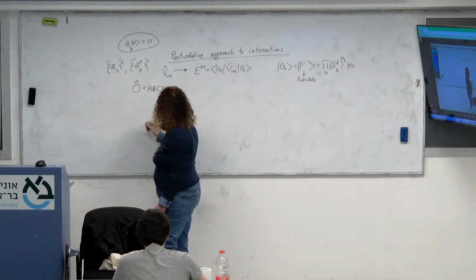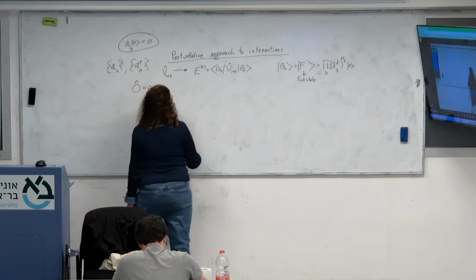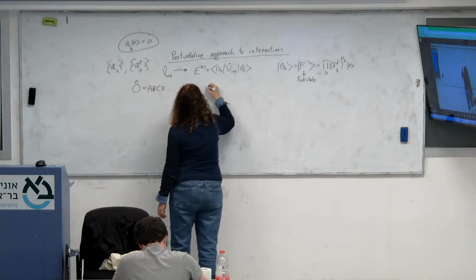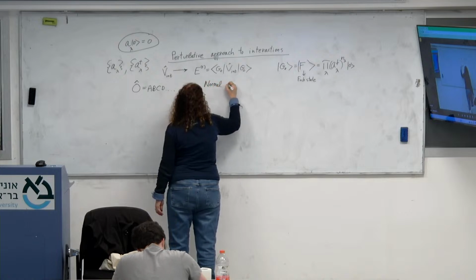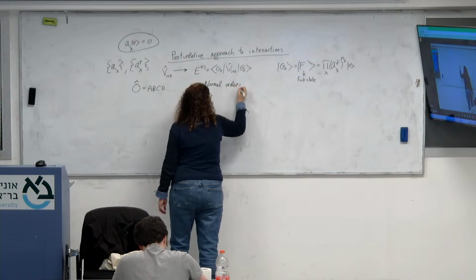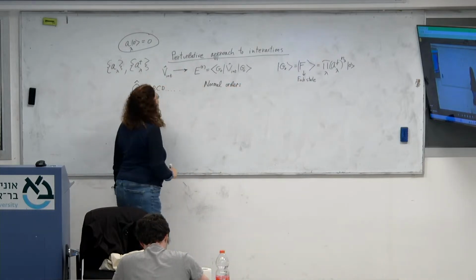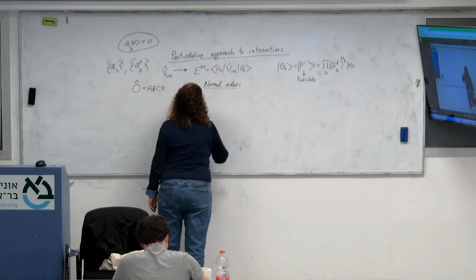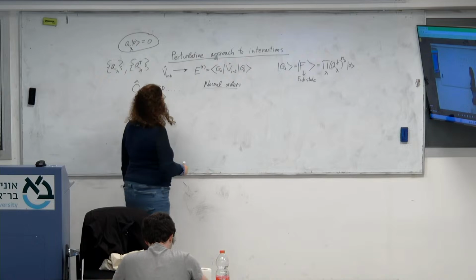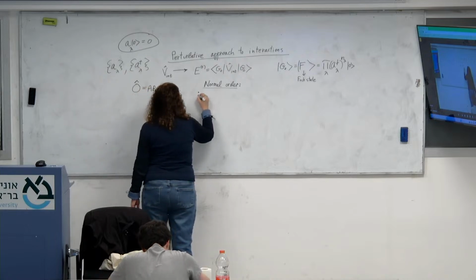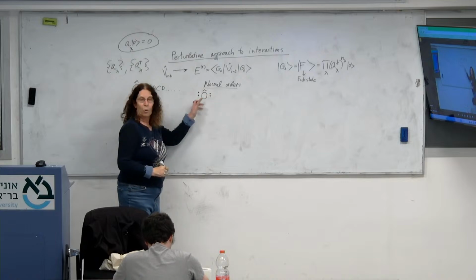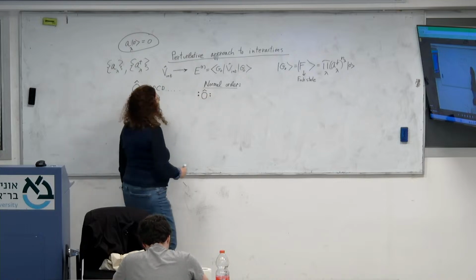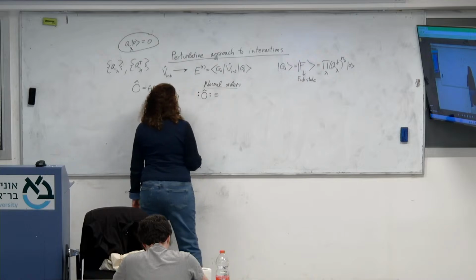So this is a general operator, and I want first of all to define a normal order. I already mentioned it before when we just started discussing two-body interactions, but now I want to make a formal definition. And I introduce a notation for normal ordering, which is to put two colons on the two sides of the operator. And the definition is the following.